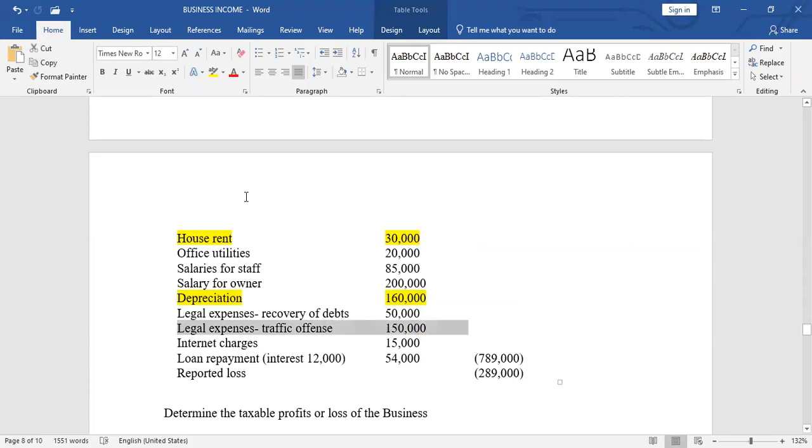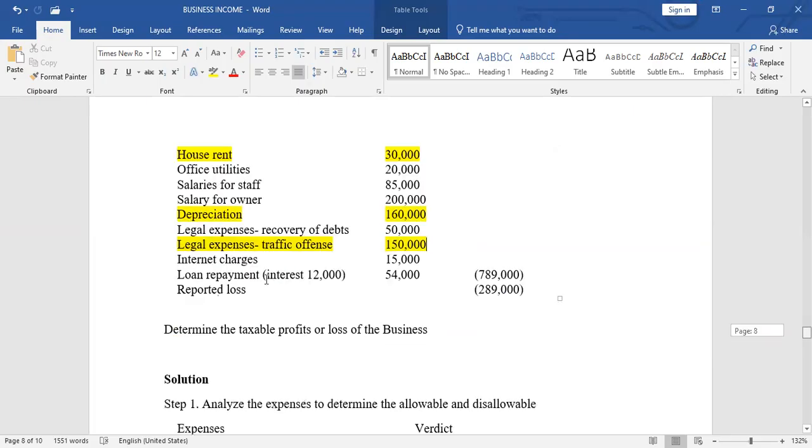Can someone see another expense that is not allowable? A loan repayment. Loan repayment, there's interest of 12. The interest is allowable, but the other part of the loan is not allowable, which is how much?